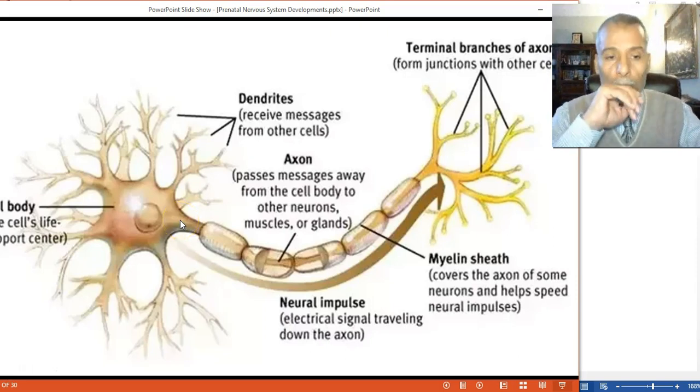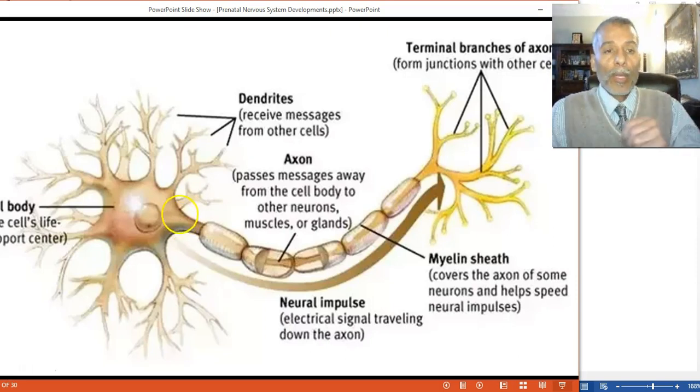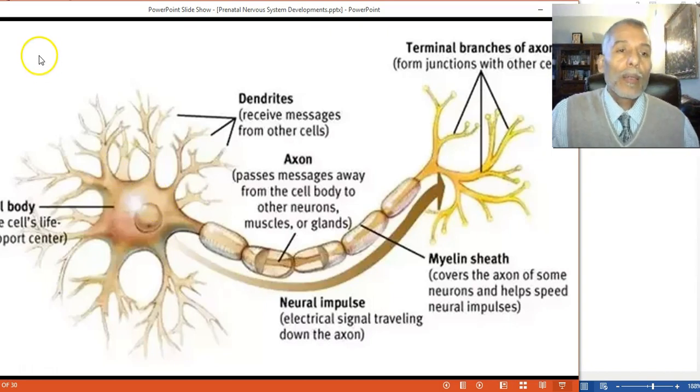Let's say, for example, that an axon terminal of another neuron comes in and connects with this dendrite of this neuron.